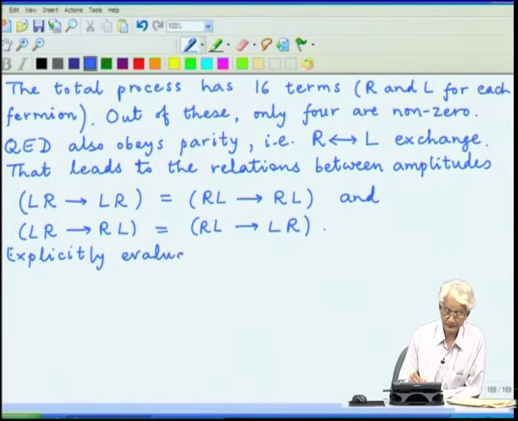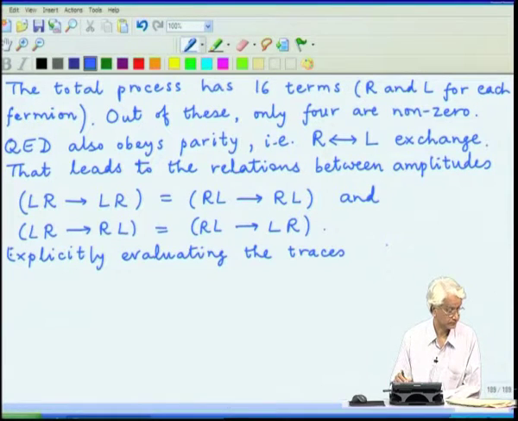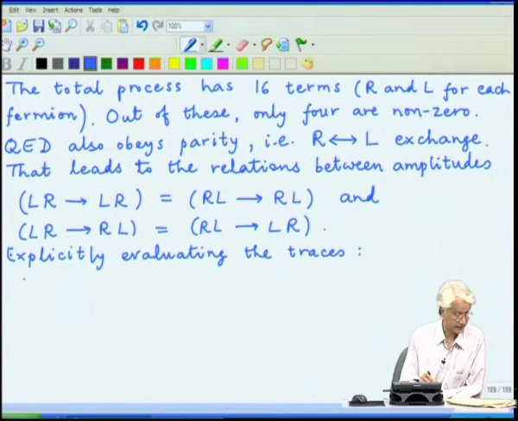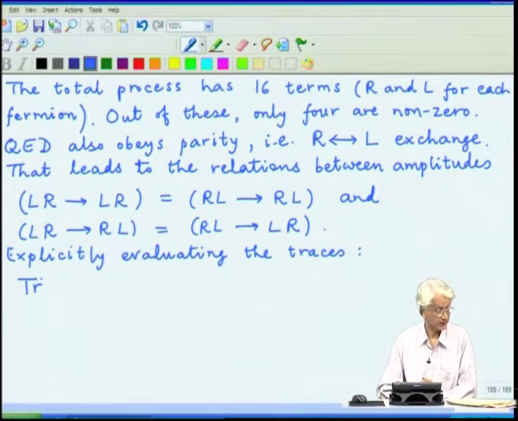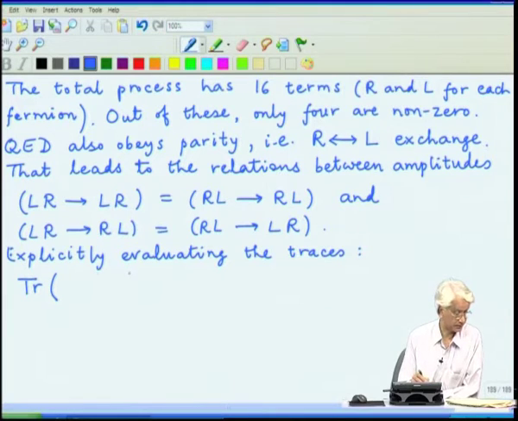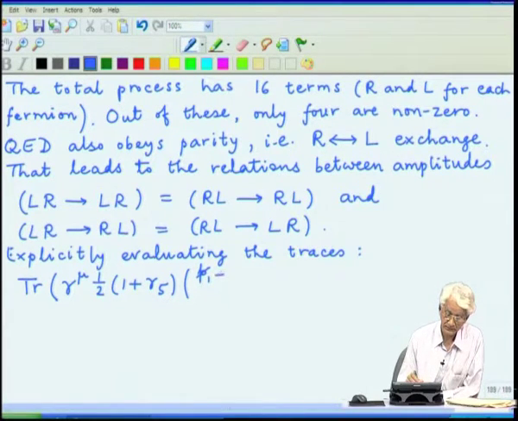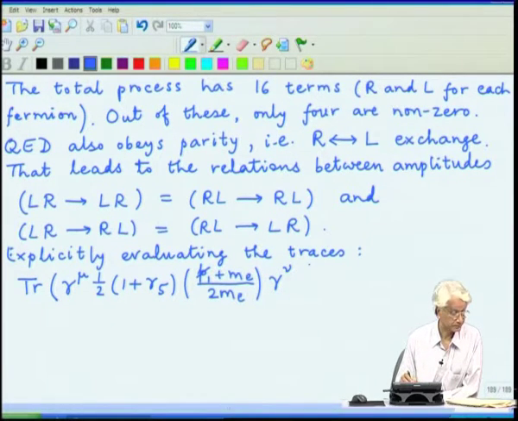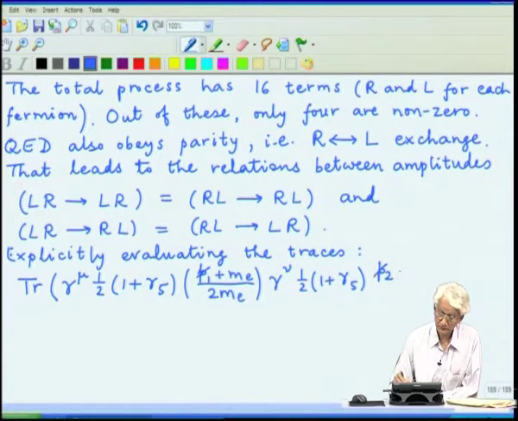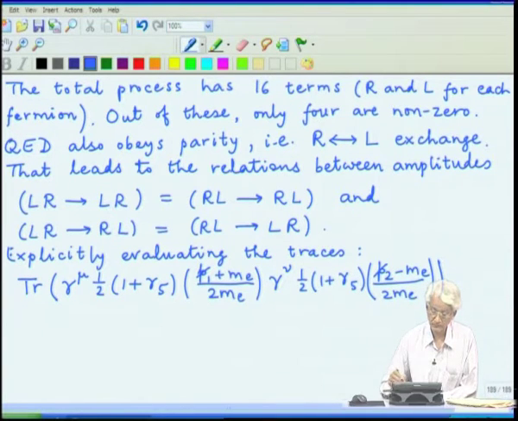So, the case where both the u and v spinors have the same factor of 1 plus gamma 5, which is an allowed process, produces the combination which is now this particular form.